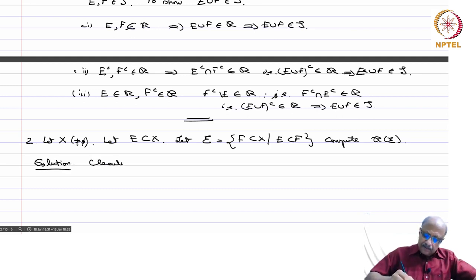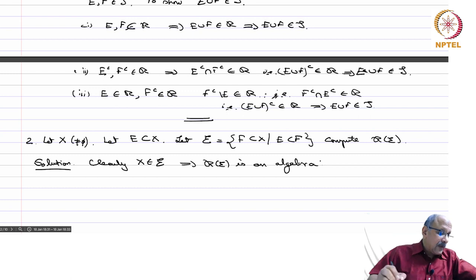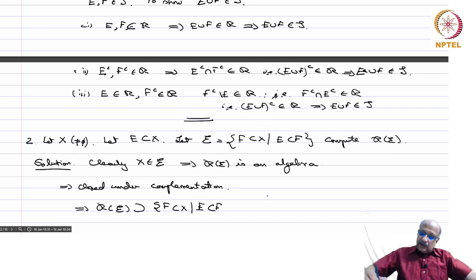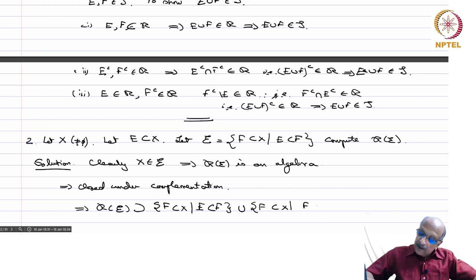So clearly X belongs to 𝓔. So this implies that R of 𝓔 is an algebra. That means it has to be closed under complementation. So this implies that R of 𝓔 contains the set of all F in X such that E is contained in F, that is nothing but the elements in 𝓔, union their complements, the set of all F contained in X such that F is contained in E complement.